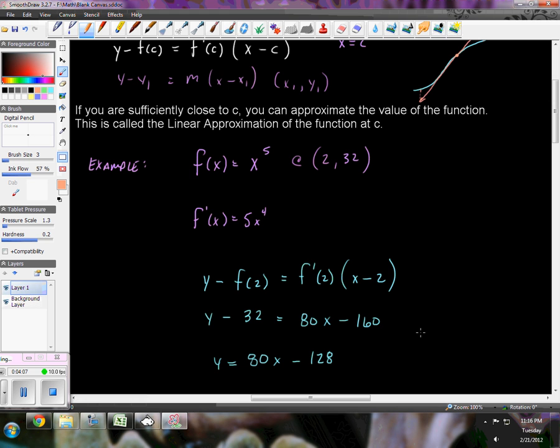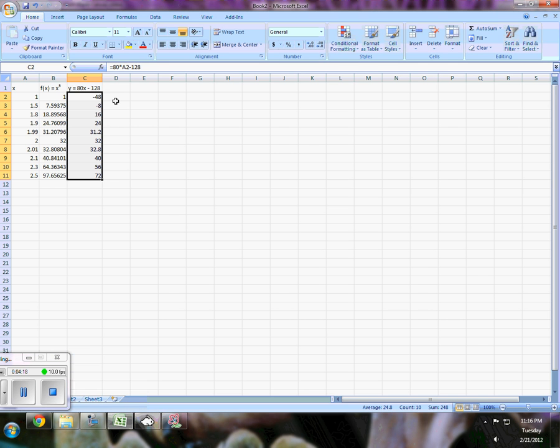We're going to take a look at how close this gets and how good it is. I've already done the Excel for it, which is easier for me than using the calculator. I've started at 1, and I've moved closer and closer to 2. You'll see I've also started shrinking my intervals.